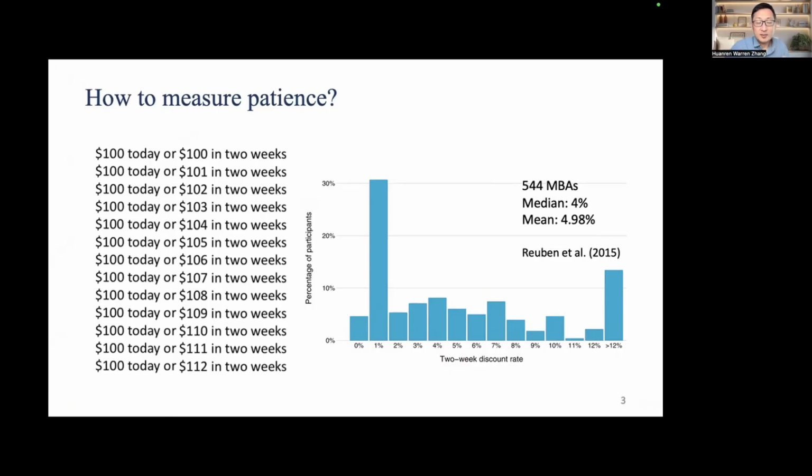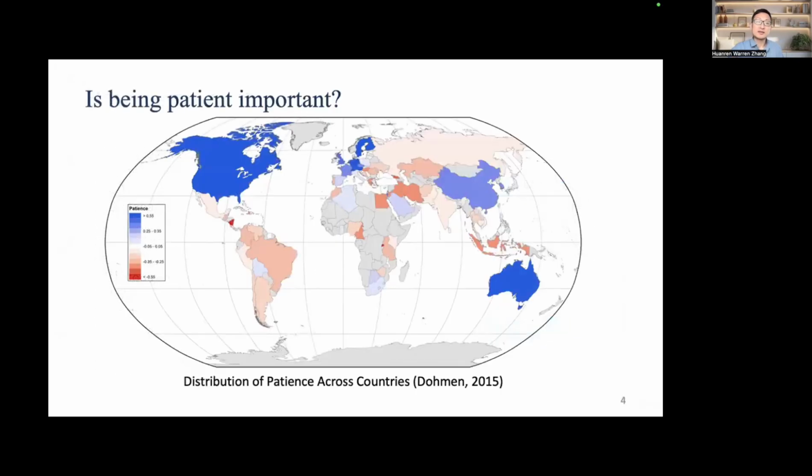So we study patience, but why is it important for us economists to study patience? It has been demonstrated that patience level is related to a lot of economic performance on the aggregate level.